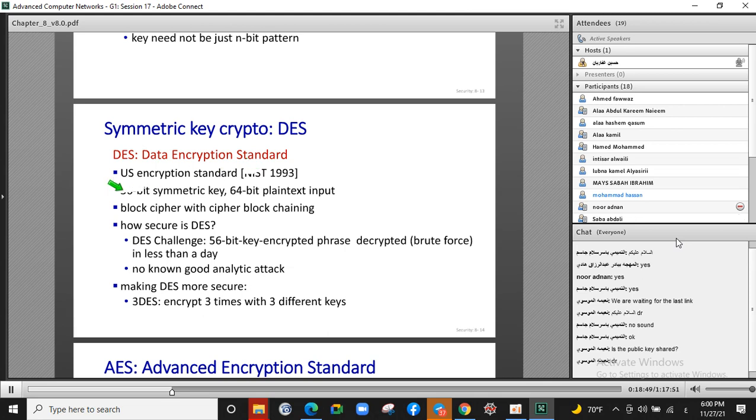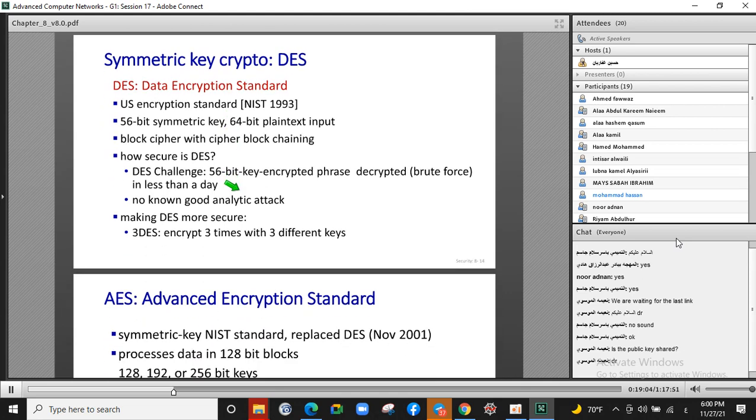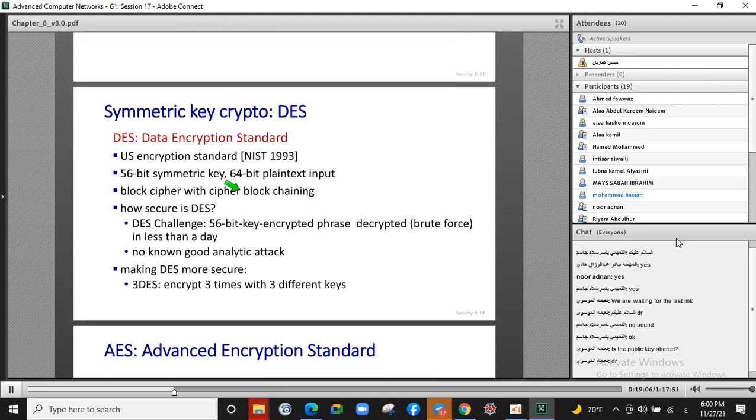The DES algorithm uses a 56-bit symmetric key and 64-bit plain text inputs. This strategy consists of 16 different steps.